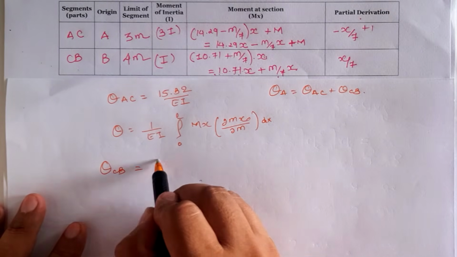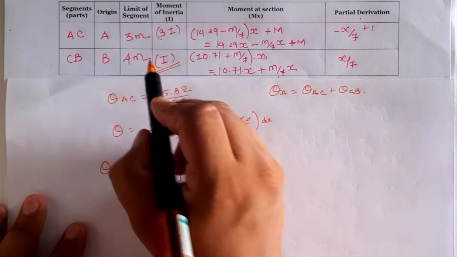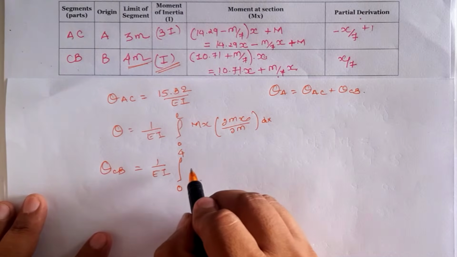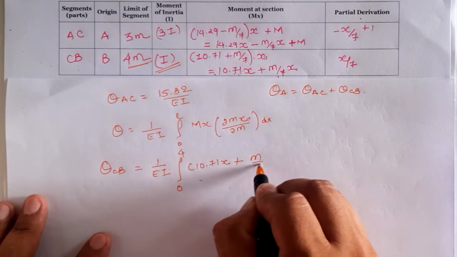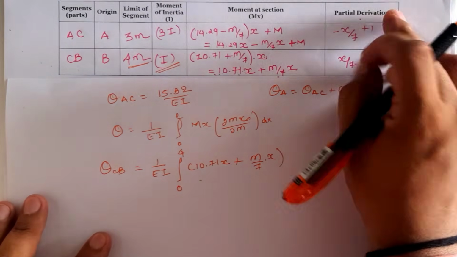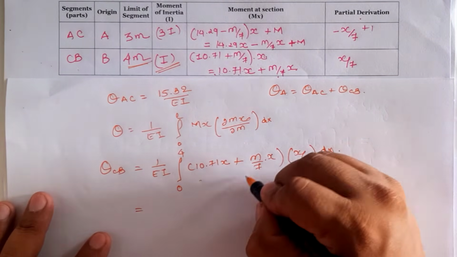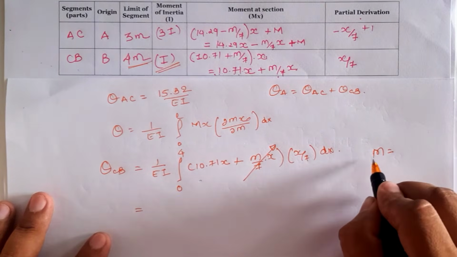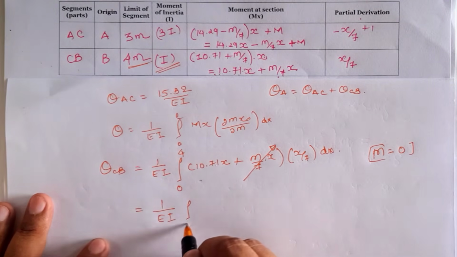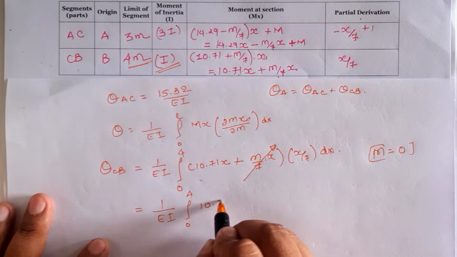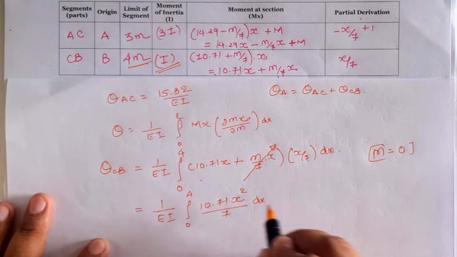Now going ahead with the calculation for the CB span. Theta CB is 1 by EI, as the moment of inertia is I, limit from 0 to 4 as the segment distance is 4 meters, Mx which is 10.71 into x plus M by 7 into x, and the partial derivative is x by 7, into dx. Now eliminating the term M by 7 x as our arbitrary moment is 0, the rest is 1 by EI, integral 0 to 4, of 10.71x into x by 7, as x square by 7 dx.